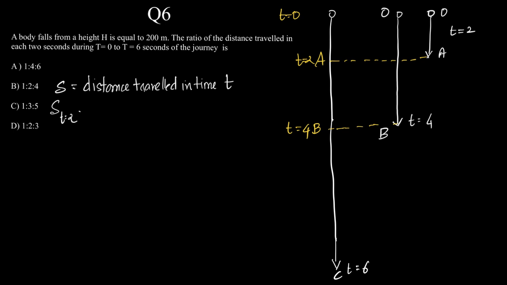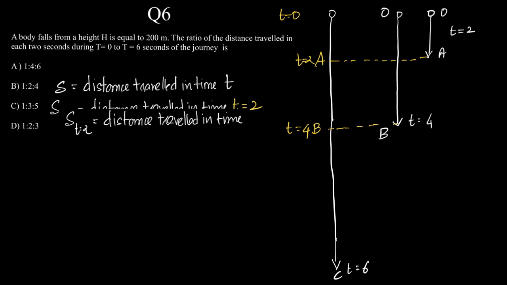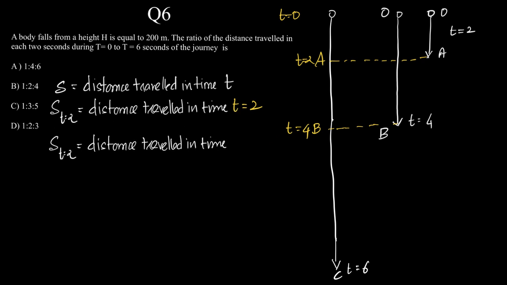S at t is equal to 2 is equal to the distance traveled in time t is equal to 2, right? Similarly, what is S4 equal to? S4 is equal to S at t is equal to 4, which is equal to the distance traveled in time t is equal to 4 seconds, right?